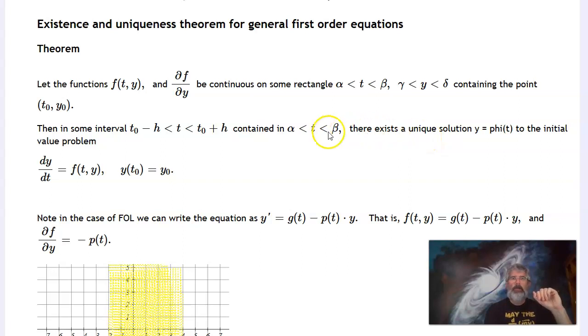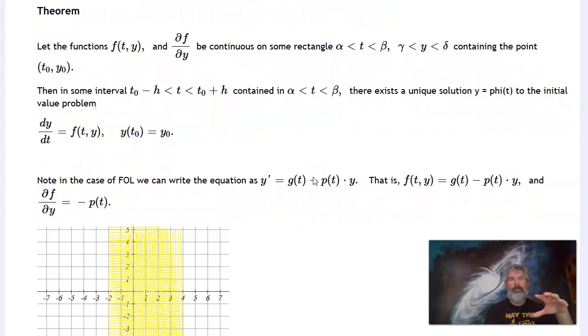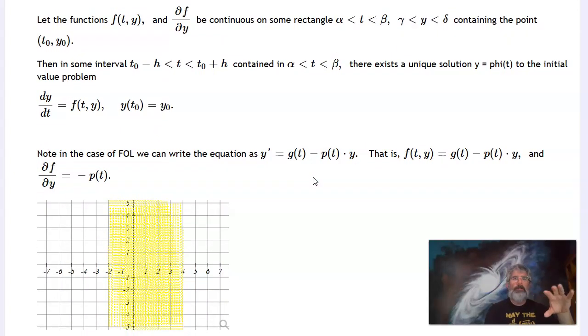Okay, so notice, for instance, if I compare this to the first order linear equation, it is a first order differential equation, so this should apply. So if I take that first order linear equation and solve it for y prime, then this function right here, g of t minus p of t times y, this is the function f of t and y. This is a function both of t and y.